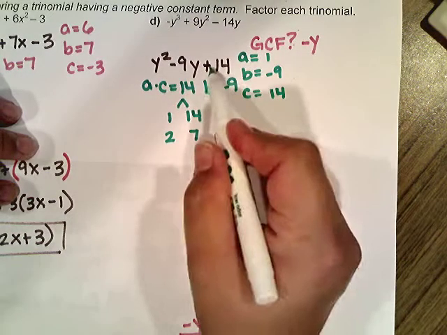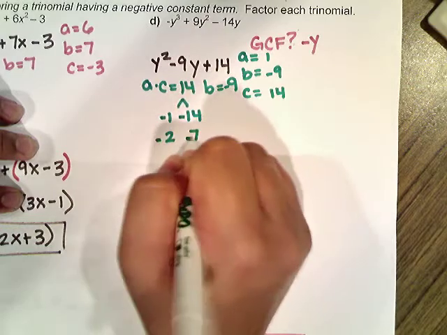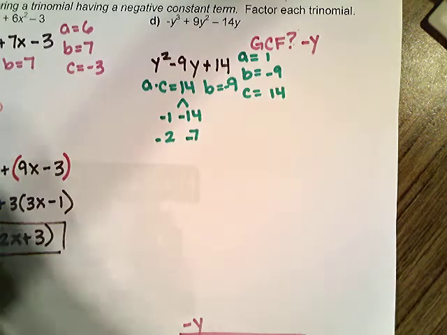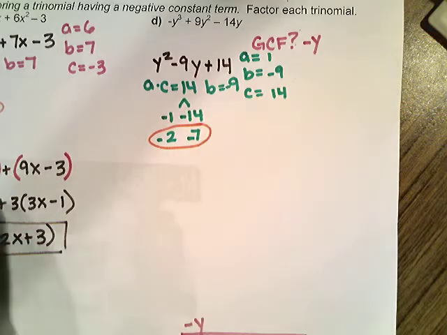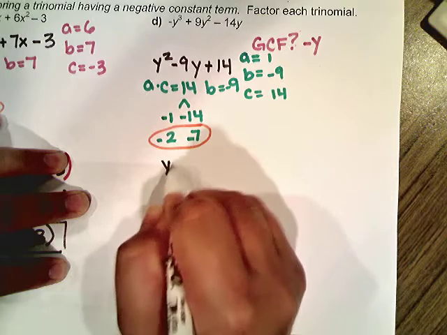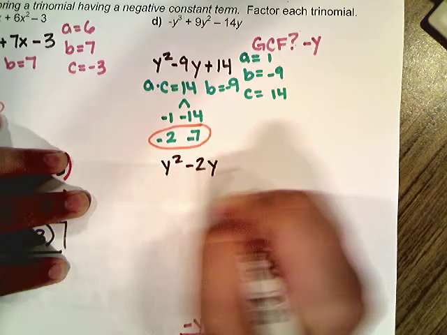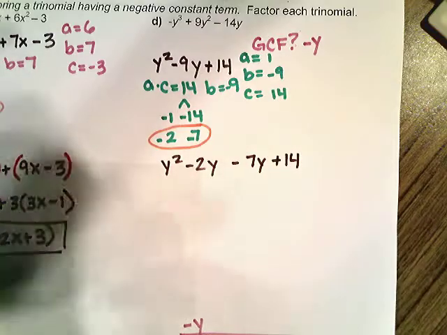Our signs are going to be the same, and both of them are going to be negative. And which one adds up to give us -9? That would be -2 and -7. So we use those numbers to expand our expression: y squared minus 2y minus 7y plus 14.